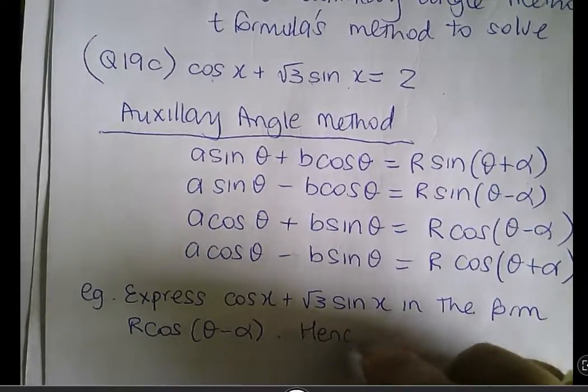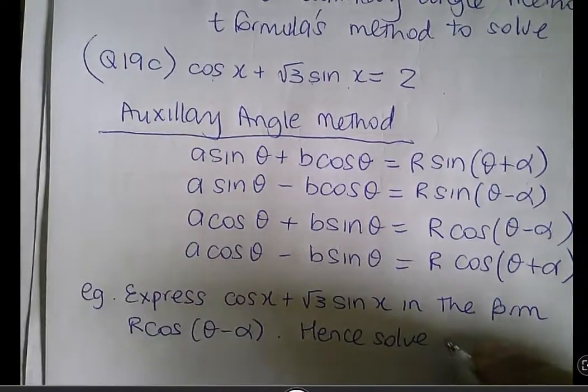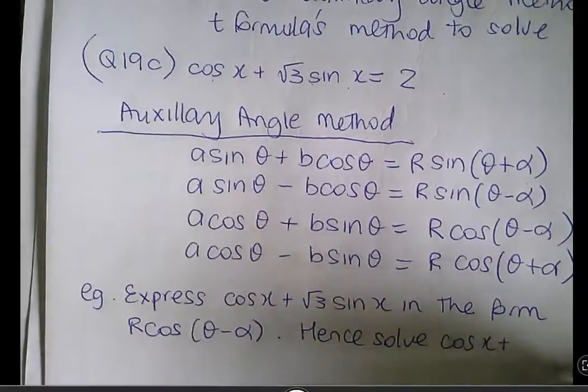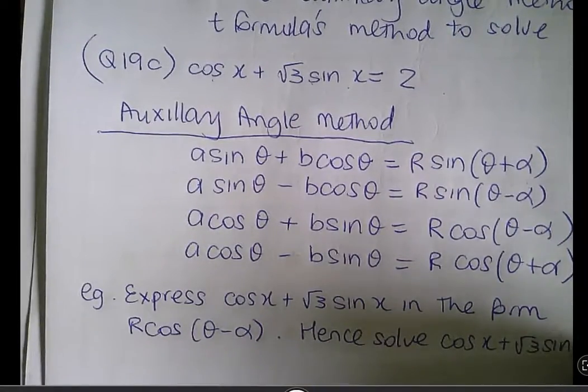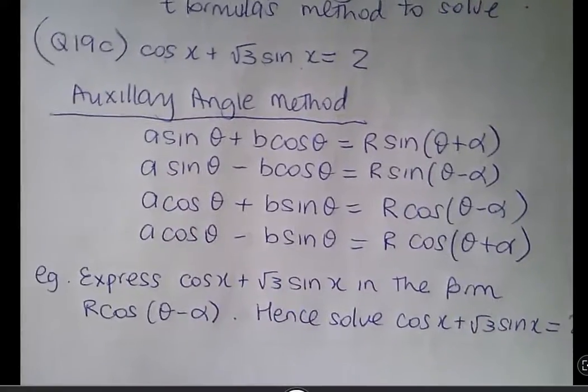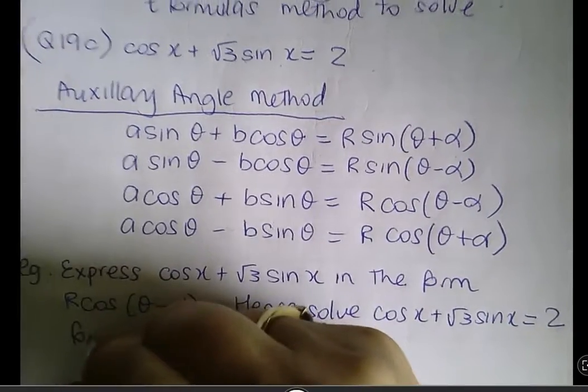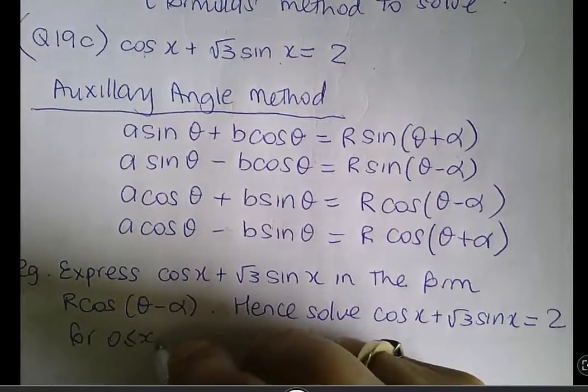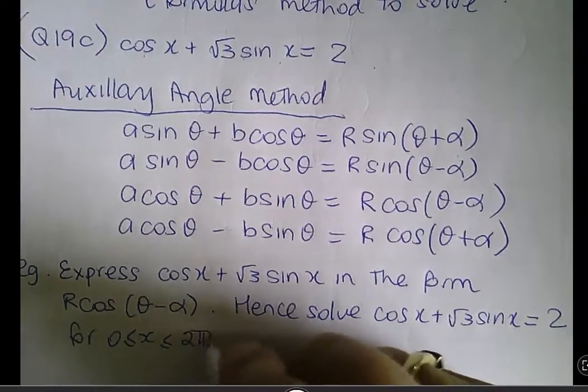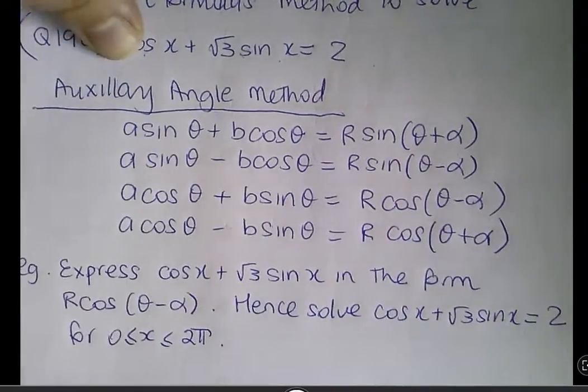Then it will say, hence solve this equation: cos x plus root 3 sine x equals 2 for 0 less than or equal to x less than or equal to 2 pi. That's how they will ask you the question.